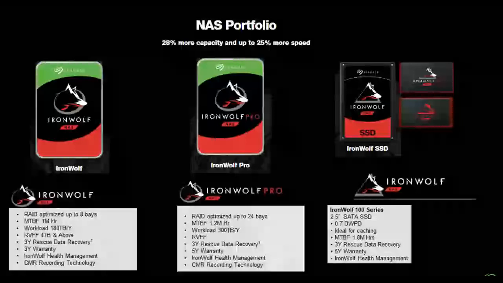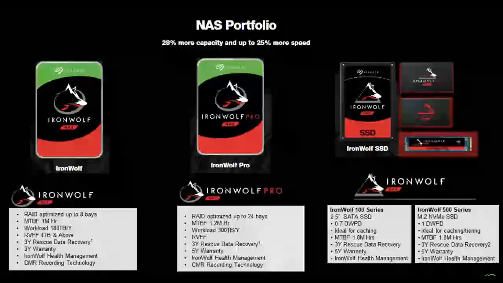And last but not the least, we have the M.2, which is the best in class in terms of speed. It also has the 3-year rescue data built in and a 5-year warranty. So this is the NAS portfolio that we have with much higher capacities. I'm also glad to inform you that Seagate Ironwolf has introduced the 18 terabyte, the highest capacity NAS drive, that you can use for the lowest cost per terabyte.